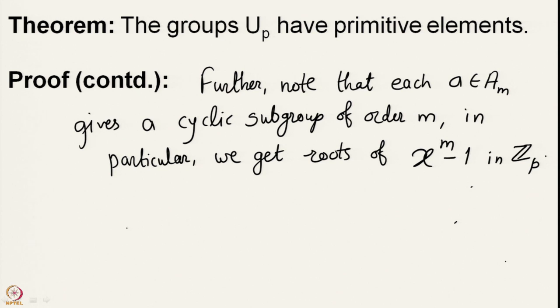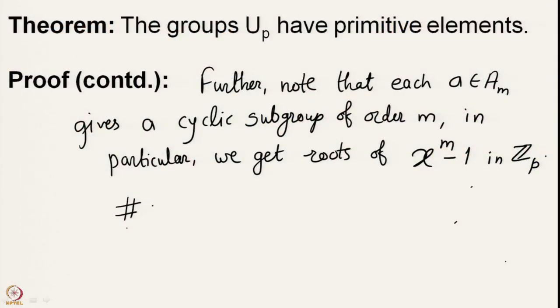But once we have roots of this polynomial, it should immediately strike you that a polynomial of degree m cannot have more than m roots. So what we get is that the cardinality of A_m is also less than or equal to phi(m).